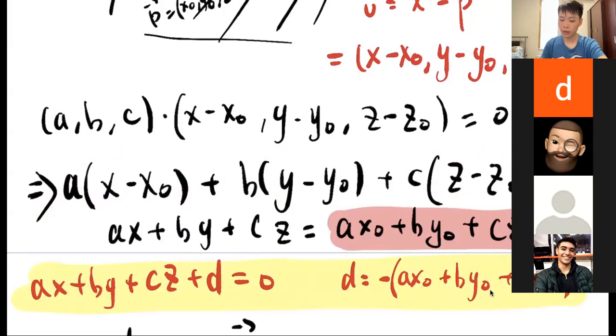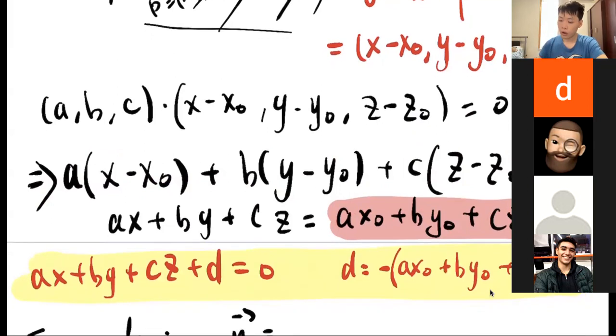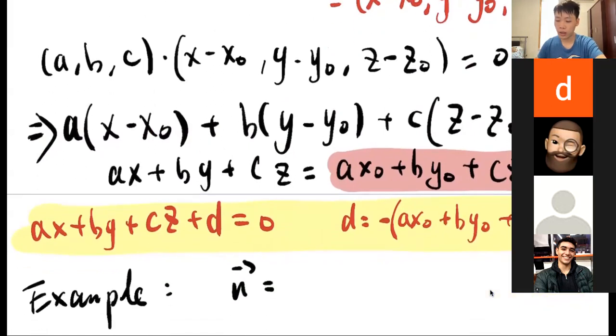Okay, so I put all the minus parts on the right-hand side, so the minus sign becomes positive: ax0, by0, cz0. Good. Okay, so from the red to the yellow is just another way of writing the equation.